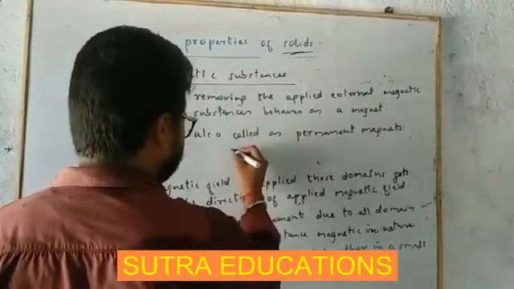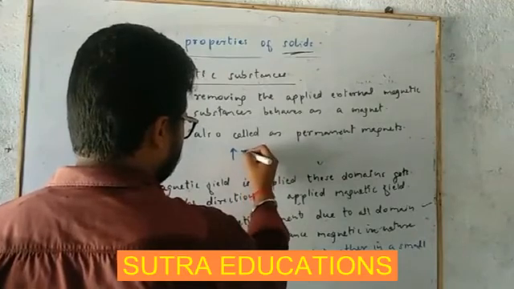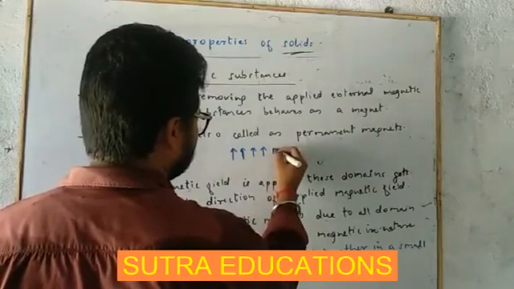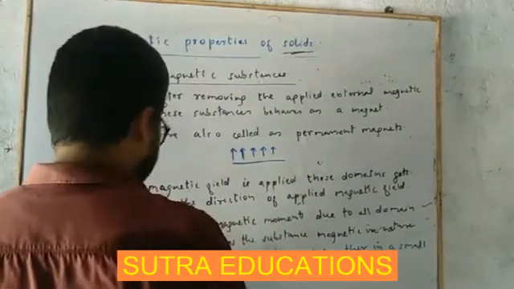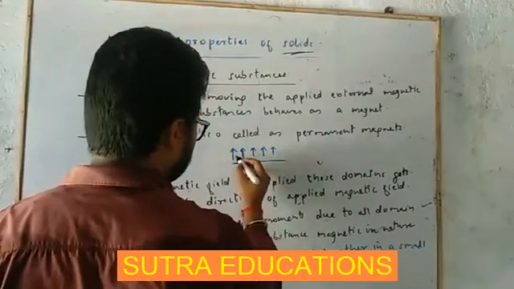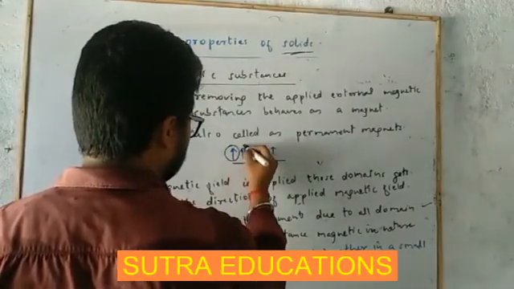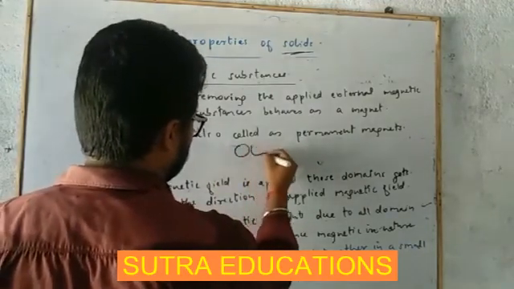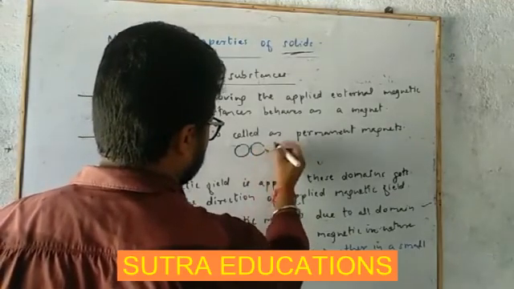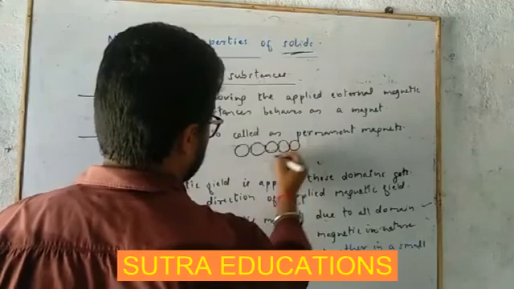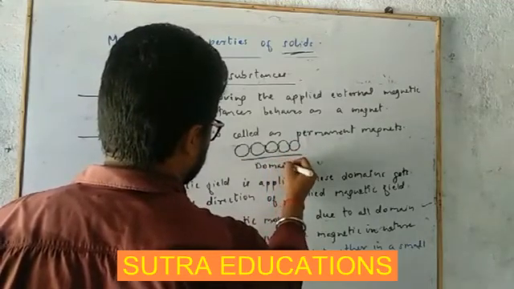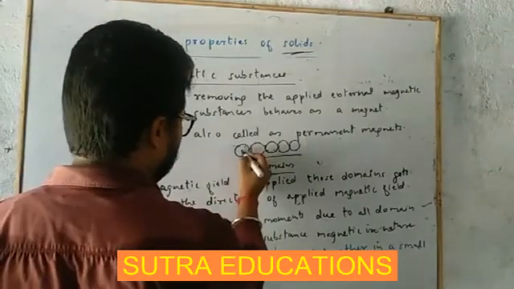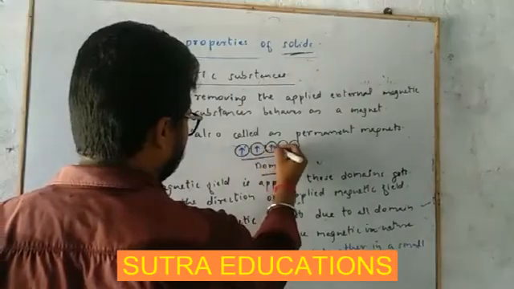So say these are domains, and you can see all are aligned in one direction, in a single direction.